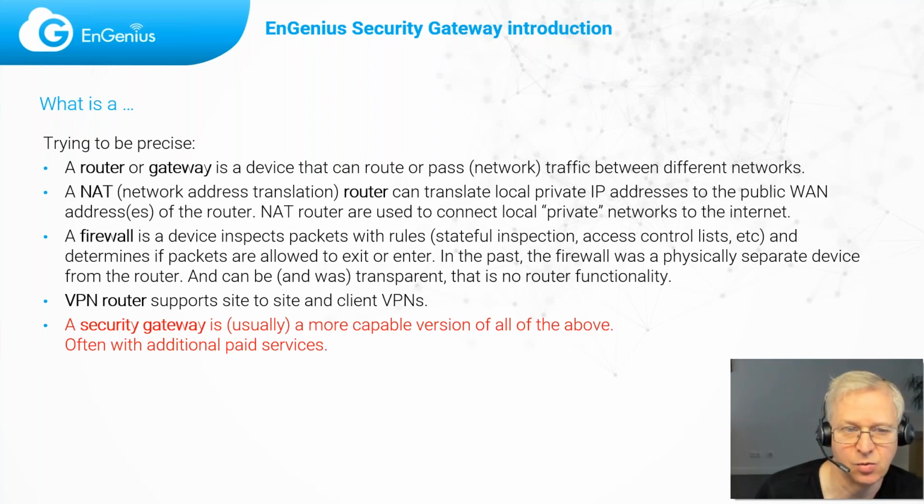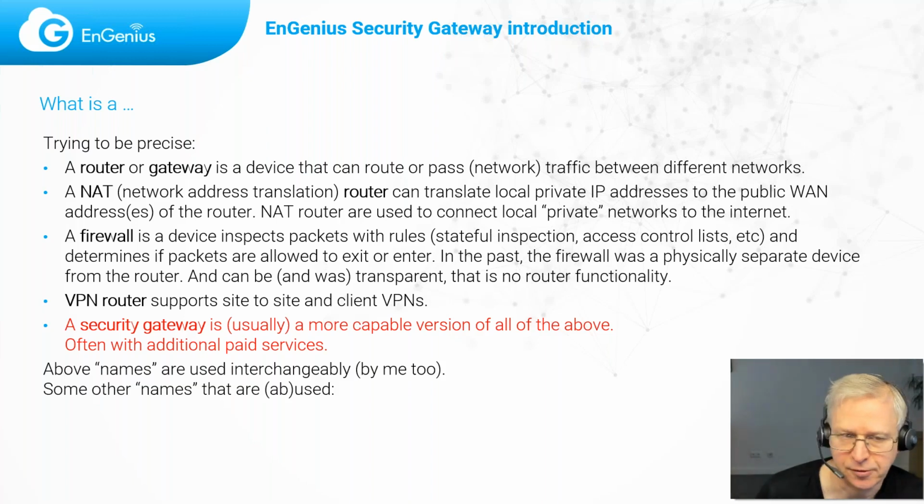Then the security gateway is usually a more capable version of all of the above, often with additional paid services. Some of those names are used interchangeably, and by me too. So I probably talk about firewall router, and in all cases, I'm referring to our security gateway, unless I say it doesn't do such or so.